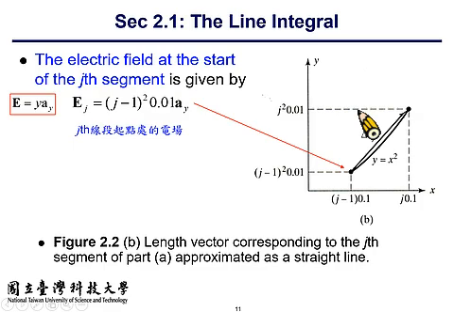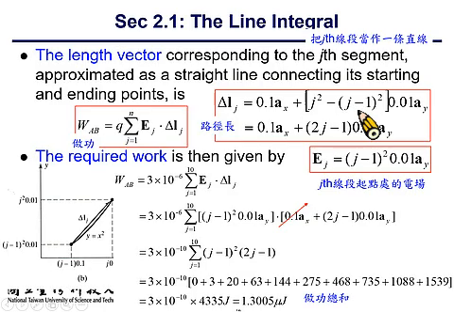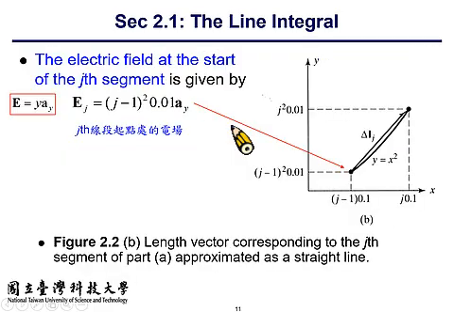So it can be approximated as a straight line, and because it's a straight line and the electrical field, well, where is my definition of electrical field? Let me move back a little bit. The definition of electrical field is given in terms of the y-coordinate. So the E field is pointing in the y direction, and the magnitude of the E field is proportional to the y-coordinate.